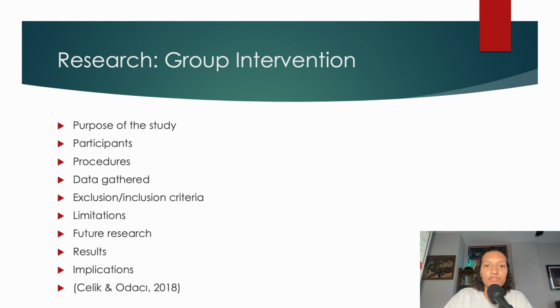And then the results showed that the program was helpful. So if you complete some type of program that focuses on working on procrastination, this program specifically, because this is what the research was on, it can be helpful.